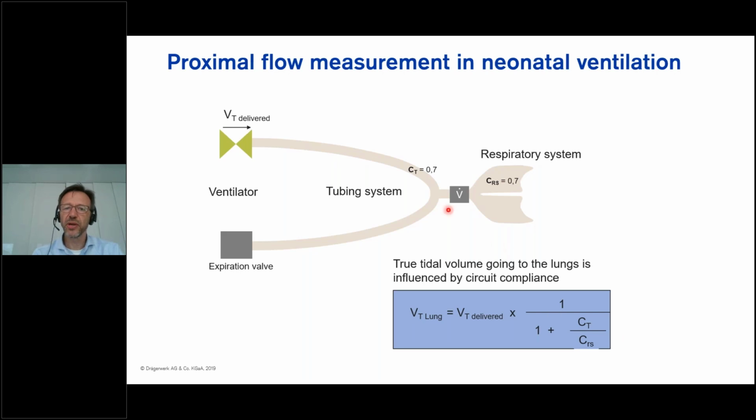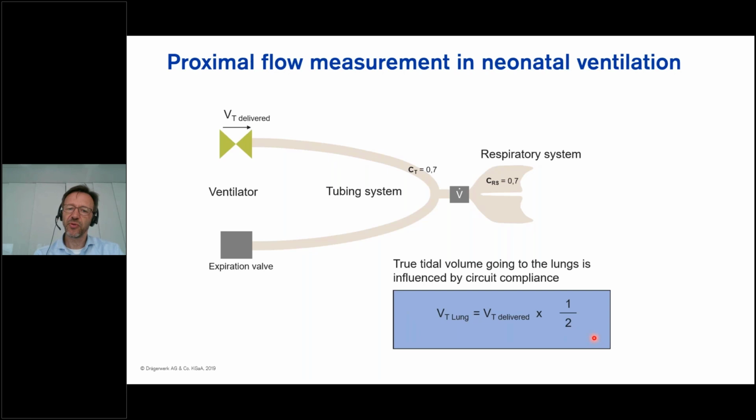If the tubing compliance is, for example, 0.7, which is quite normal for a neonatal patient circuit, the respiratory system compliance can have the same compliance of about 0.7, which is also not unusual. If we now use these two compliance values in the formula below, it comes to 1 divided by 1 plus, and this term becomes 1 as well.